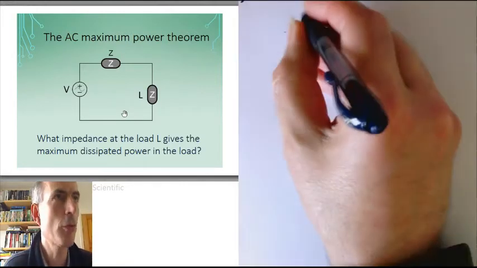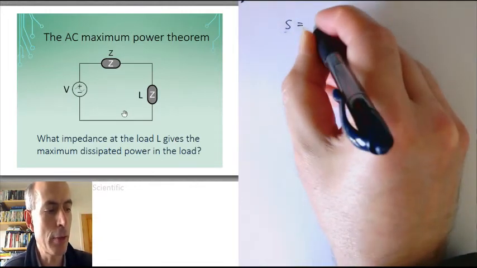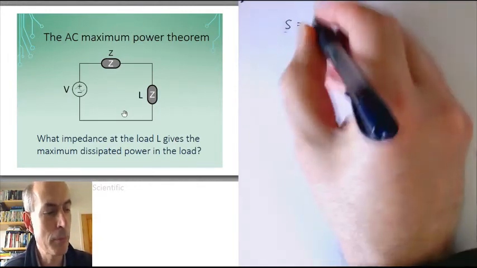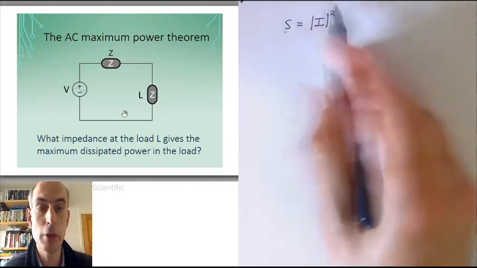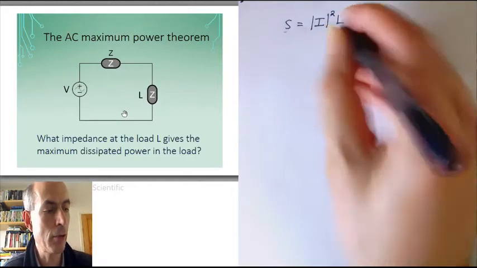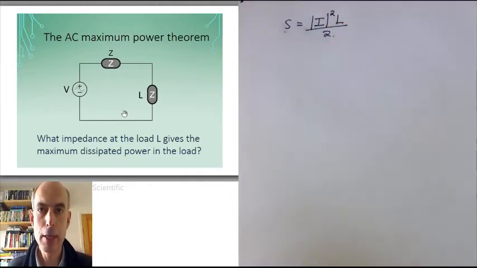Okay, we know that the complex power, S, is given by the current flowing through the network, or its phasor representation, modulus squared, times the impedance, in this case our load impedance L, divided by 2. That's the complex power. The active power is the real part of that.